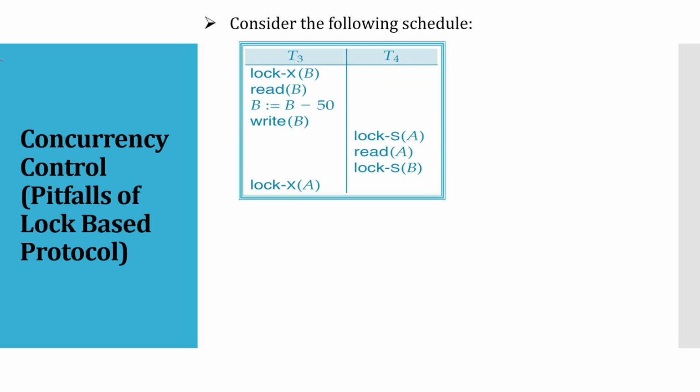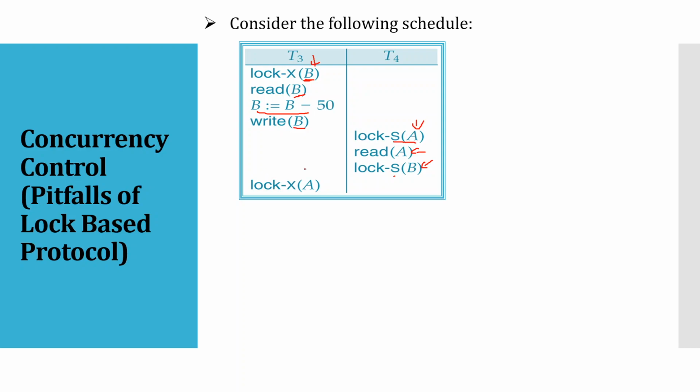You can see the T3 transaction has an exclusive lock on data item B. It reads it, makes some change on it, and writes it. Similarly, transaction T4 has a shared lock on data item A. Here it was data item B, here it is data item A, and again it reads it, and then it tries to acquire a lock on data item B. Which type of lock? Shared lock, right? So will it be able to get it?